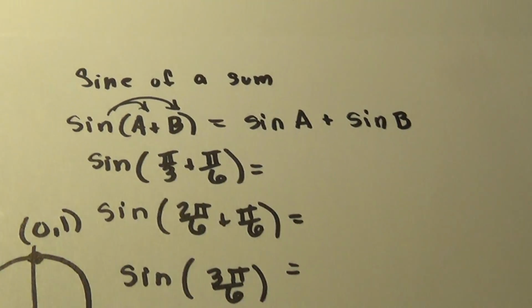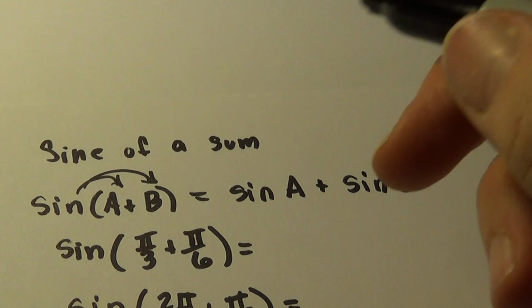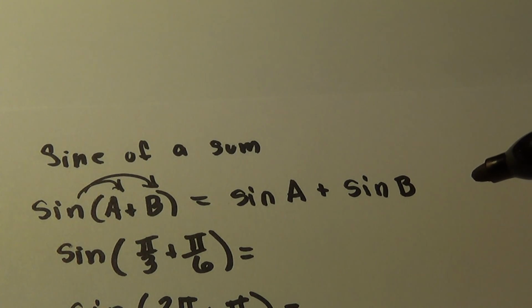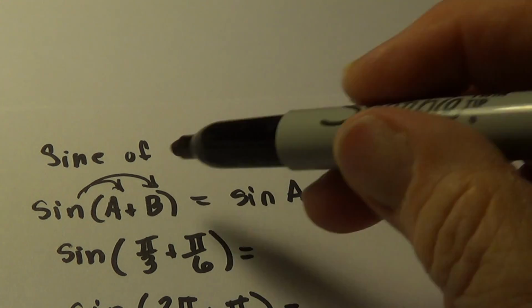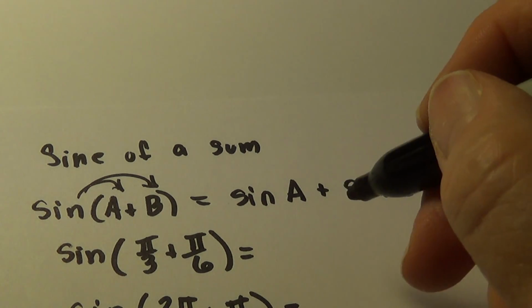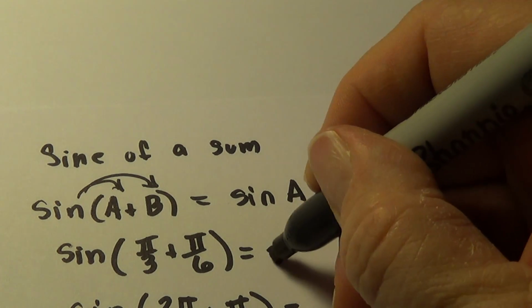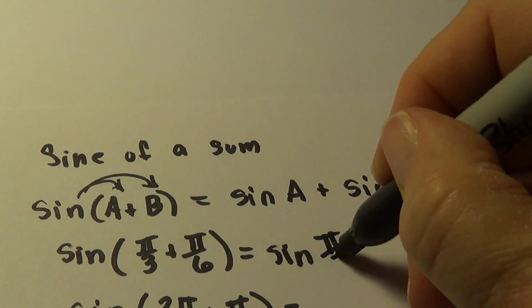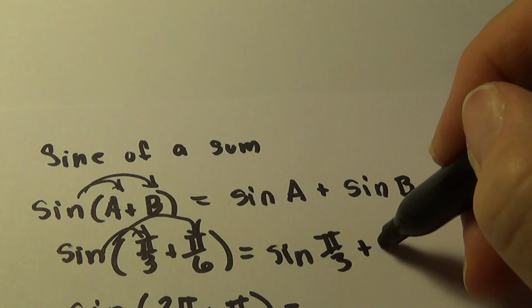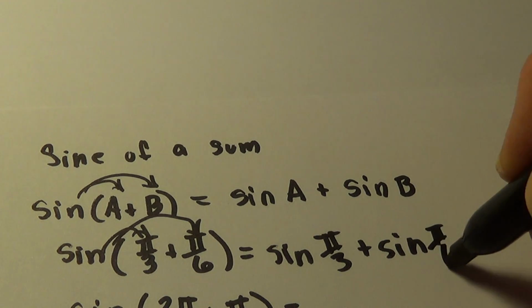Now let's work out our relationship on the other side and see if it also is a 1. It's not a rigorous proof, but it at least leads us to believe whether this relationship is true. So I'm going to distribute the sine: sine of pi over 3 plus the sine of pi over 6.